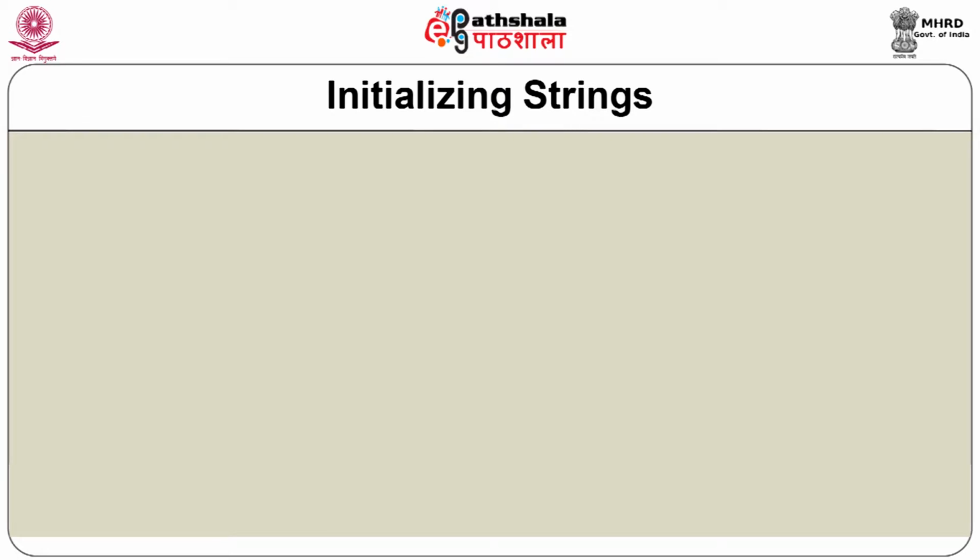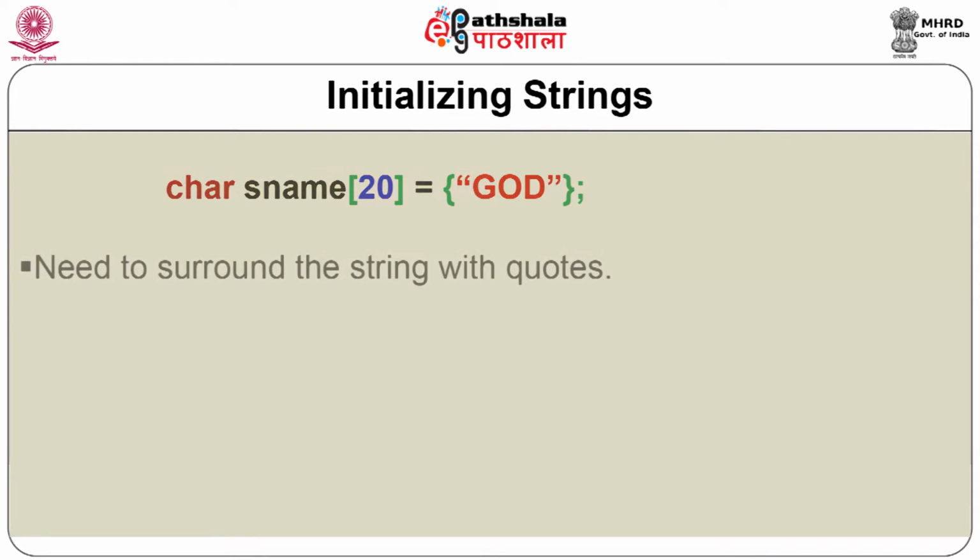To initialize our string name as God, you can see the character sname in bracket 20 and I am putting some characters like God in double quotes, but I can extend this string up to 20 characters, actually 19 characters, because the 20th character will be the null character. However, we also need to surround the string with quotes.